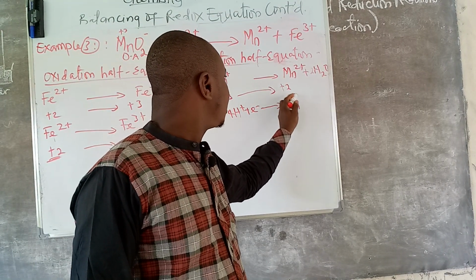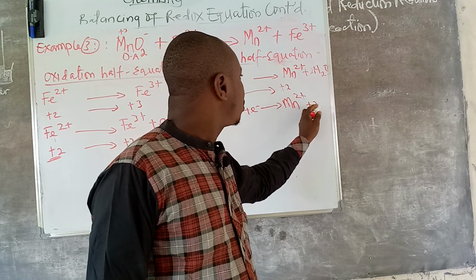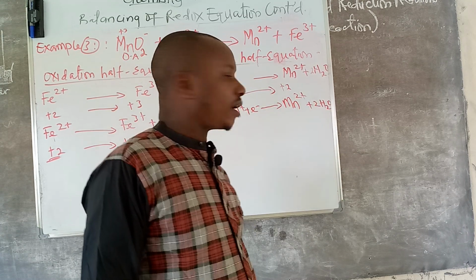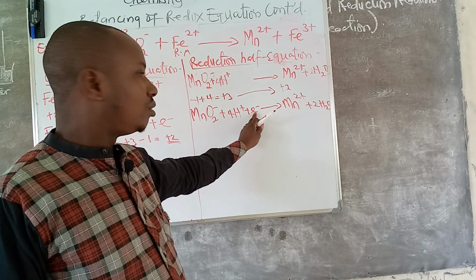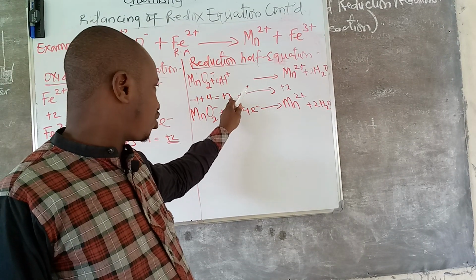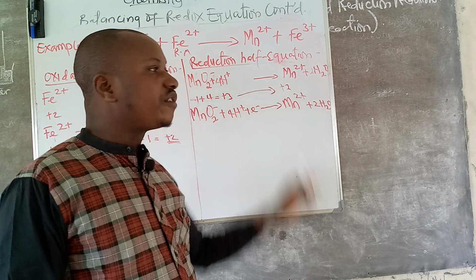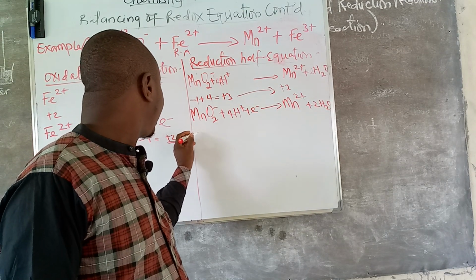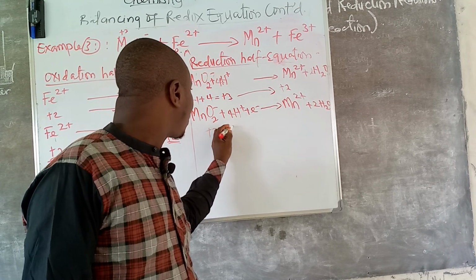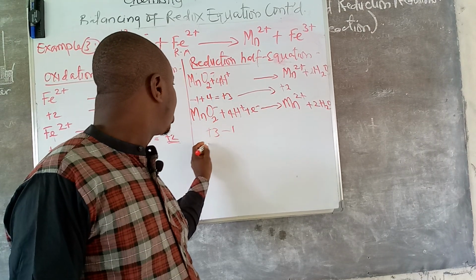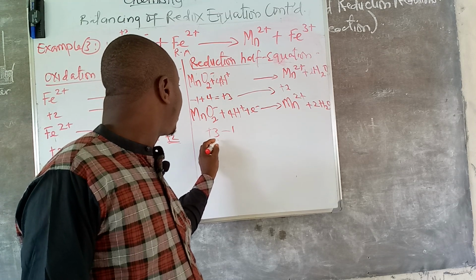Plus manganese, and now 2 molecules of water. I have added 1 electron, so that one will subtract from 3 to give me 2. So check it again. All these ones is plus 3 and the minus the 1 I have added will give me what?